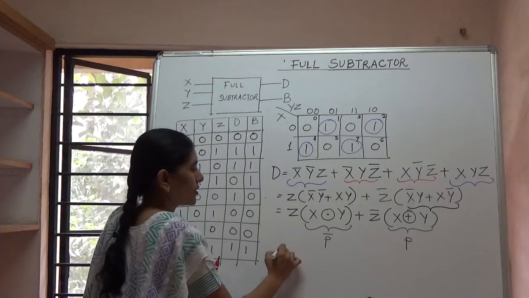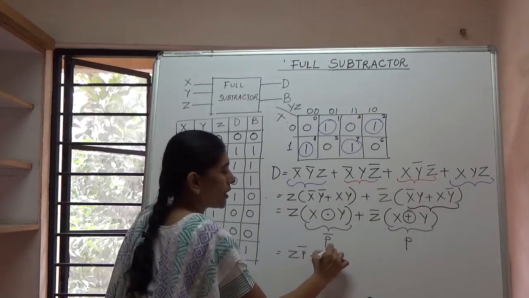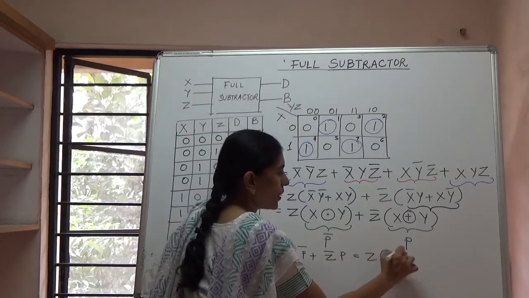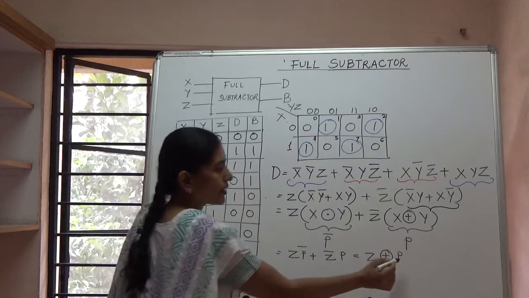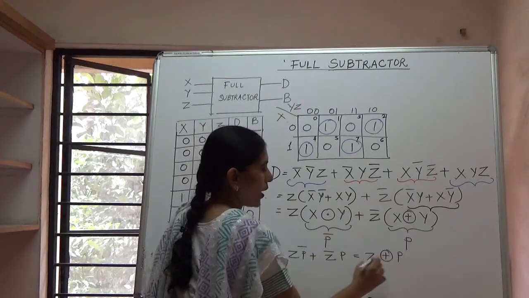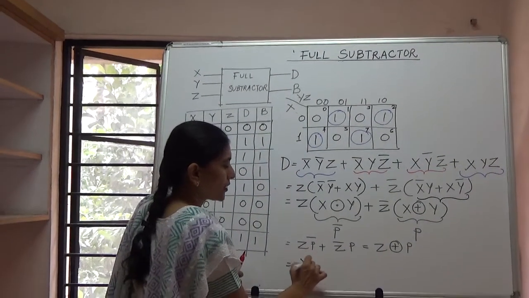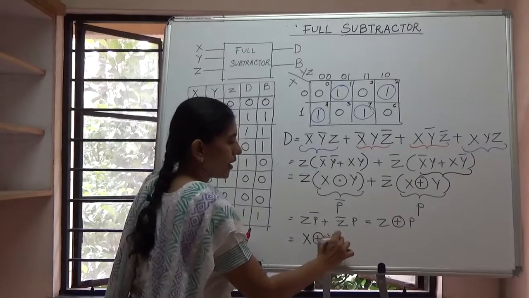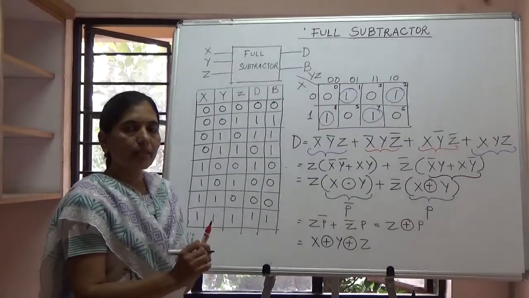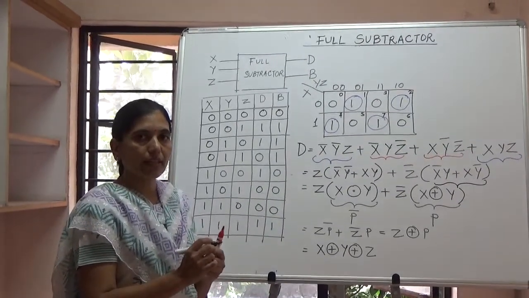So we can write this expression as z into p bar plus z bar into p, which is nothing but z XOR p. And if we now plug in the original value of p, which is x XOR y, then the difference output can be written as x XOR y XOR z, and you can see that this output is similar to the sum output of a full adder circuit.